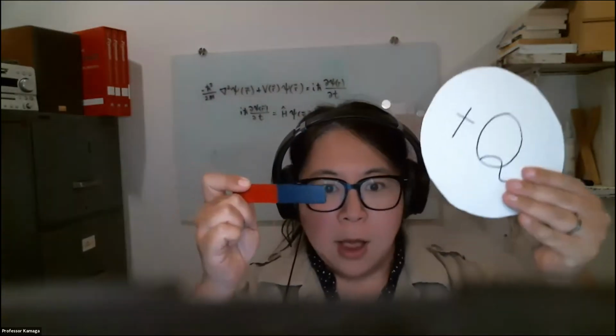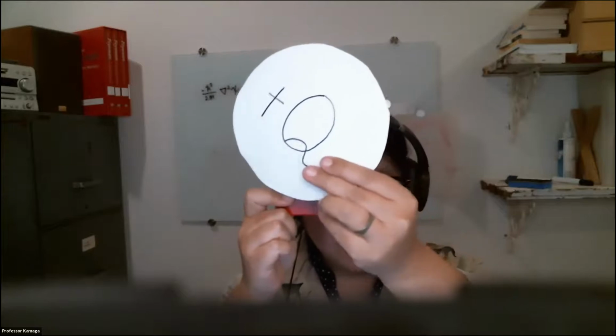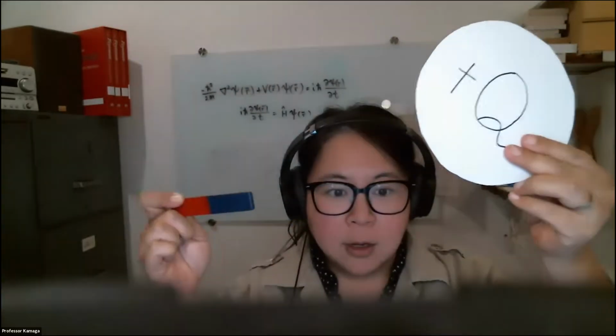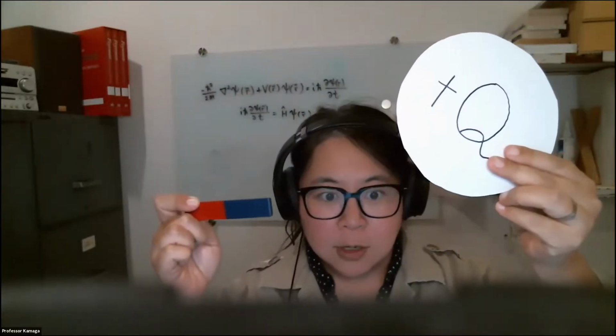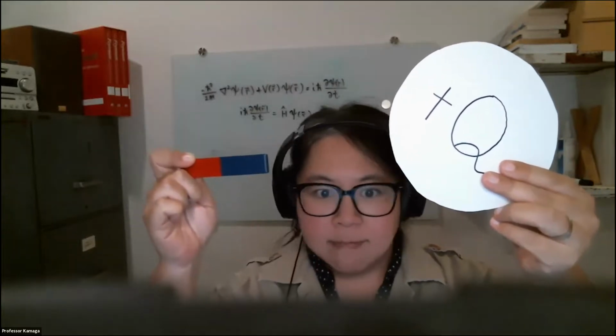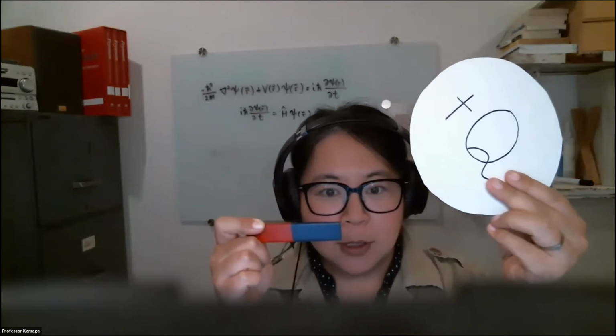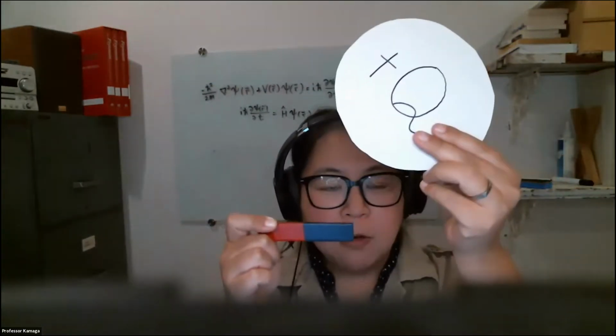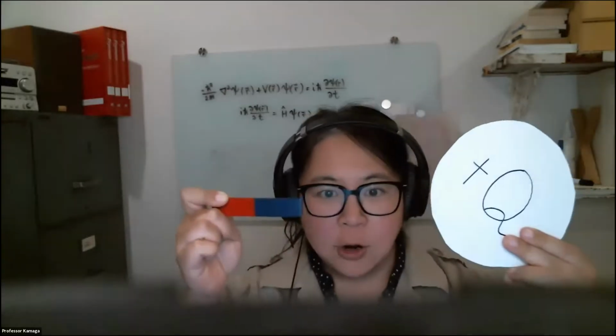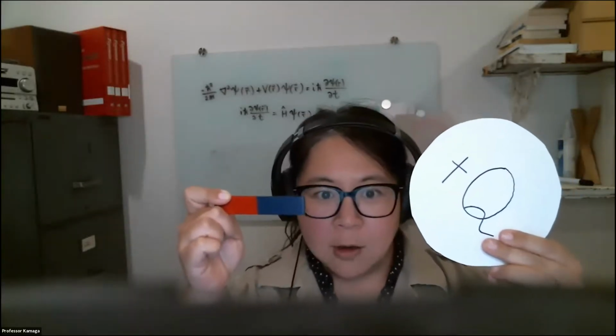If you have an electric charge that's moving parallel to the magnetic field, then this moving charge won't feel any magnetic force. It feels the maximum magnetic force when it's moving perpendicular to the magnetic field. Again, if it's a stationary charge, no magnetic force.